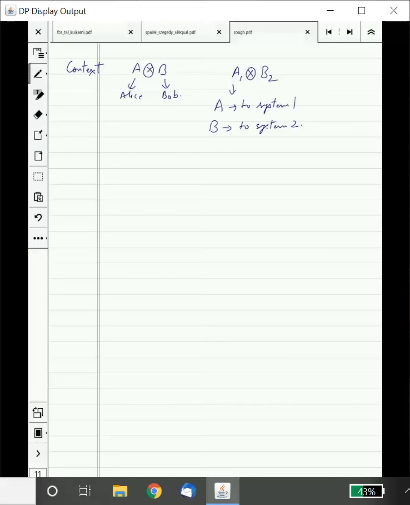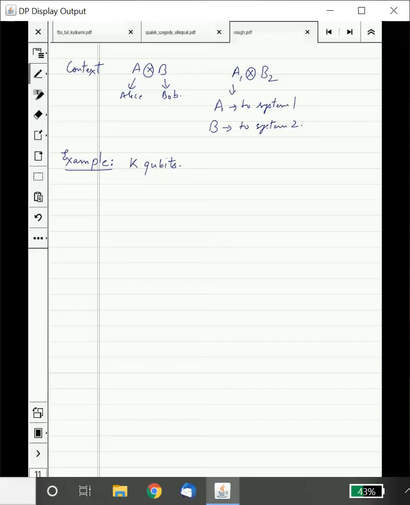Let's take an example. I will take an example of k qubits. What can we say about the state of k qubits? We have studied the state of 1 qubit in detail after the first postulate. What about k qubits?